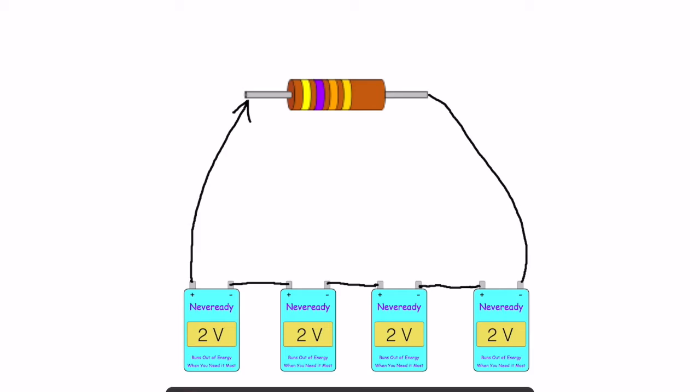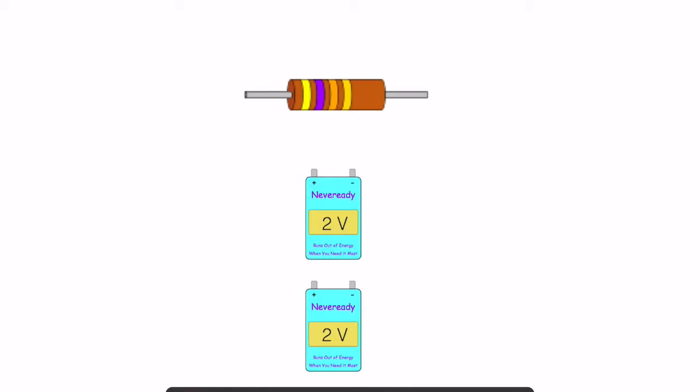We would connect the negative on the other end that is not connected to anything else to the resistor. This would give us 8 volts based on the way we connected these. Again, it is a series connection and it leads to higher voltage.